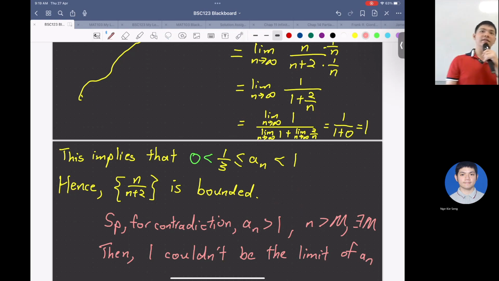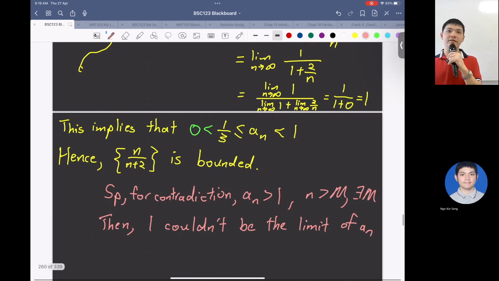You need to think about this sentence. This sentence is correct, but you need to think about it. If you have a term greater than 1, then all of the terms after that are also greater than 1, because it's increasing. Then 1 cannot be the limit anymore, because you cannot be arbitrarily close to 1. You must have at least a distance a_m minus 1.